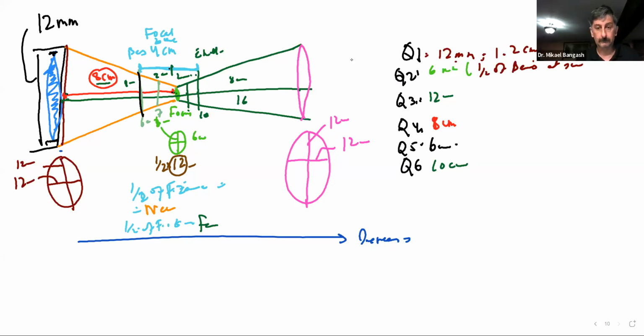Question number 7. At which of the following depths is the beam narrowing? Now, they are given at different depths: 6 centimeters, 8 centimeters, 12 centimeters, 10 centimeters, 9 centimeters. But what they are asking us is, at which of the following depths is the beam narrowing?